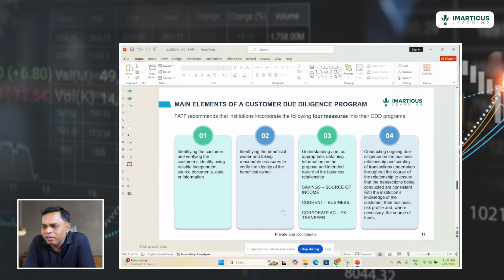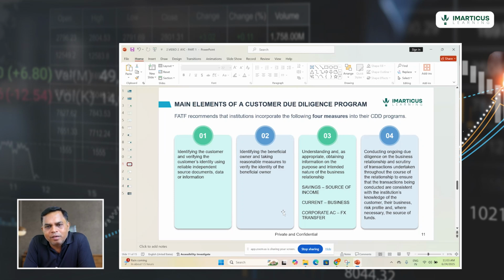Now the third element to be considered is understanding the nature of the relationship. When I say nature of relationship, it is what the business of the client is and for what purpose they are opening and managing this account. For example, if it's an individual, the account will normally be a savings account, and the source of income will be salary or profession.